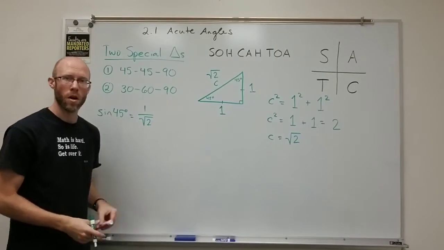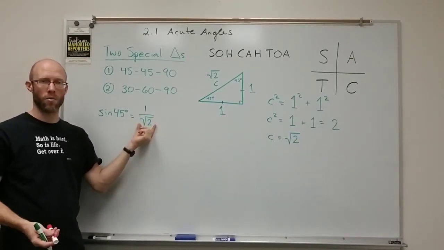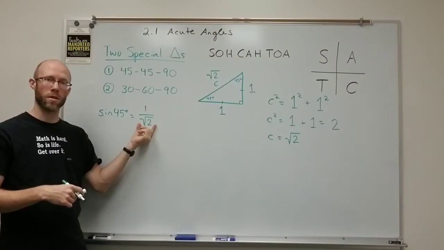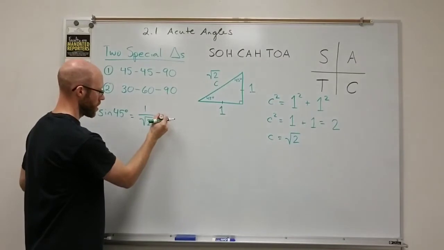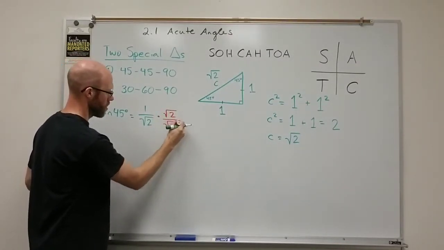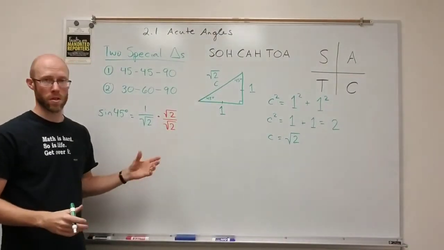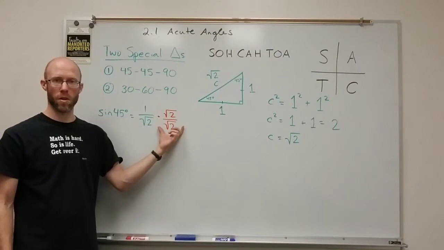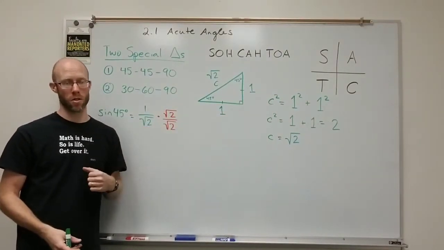But remember, this is okay except that the bottom is a radical. And I don't want radicals in the bottom, I want to rationalize those. So we're going to multiply top and bottom by the square root of 2. Again, we've talked about this before, but by doing that I'm multiplying by 1, which doesn't change the value of the fraction, just what it looks like.